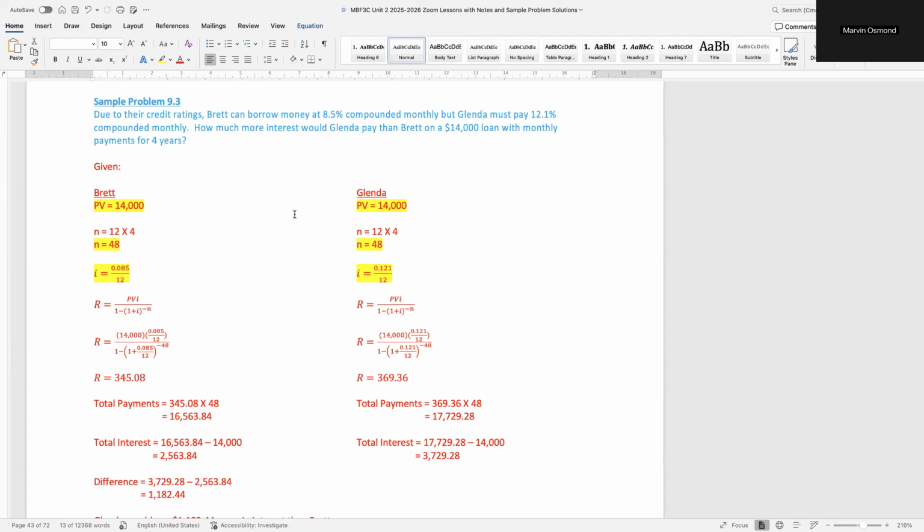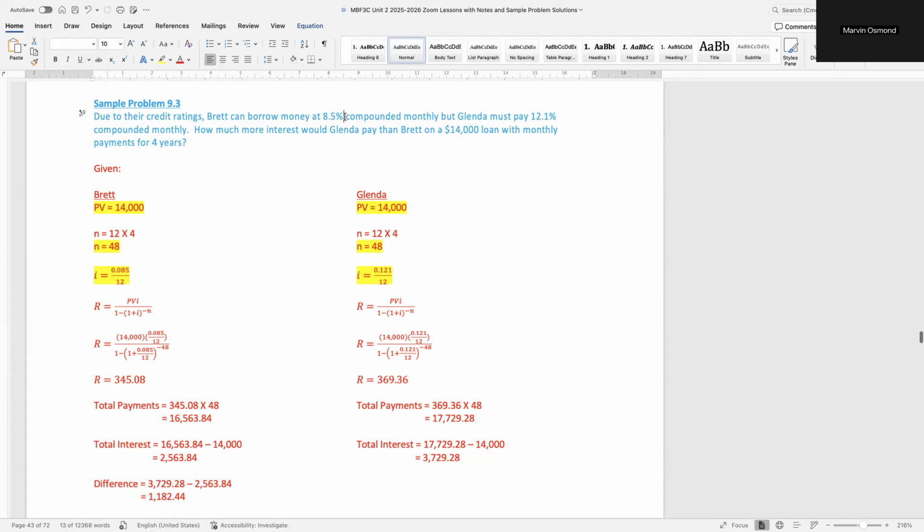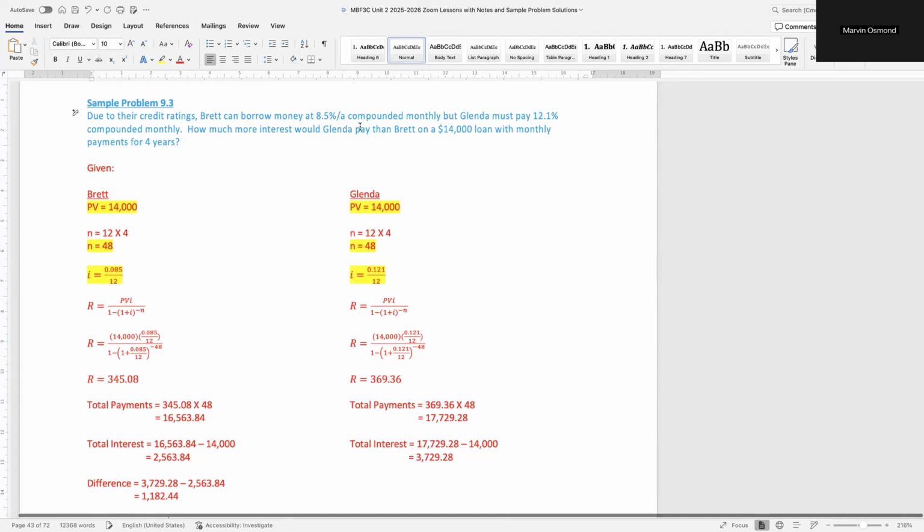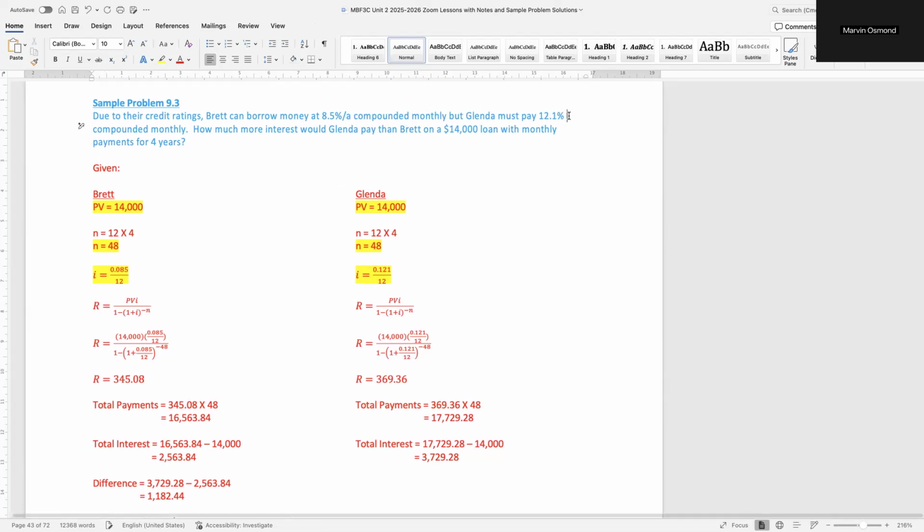If you do all of that, then you have a good credit score. But if you have a lower credit score, they're probably going to charge you a higher interest rate, and then you're going to pay more. So Brett has to pay 8.5% per year, compounded annually, and Glenda has to pay 12.1%. She's paying close to 4% more in interest than Brett.